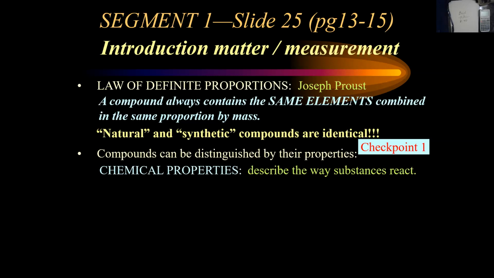Well, every pure substance has its own set of chemical and physical properties. Chemical properties are the way things react. For example, combustion is often listed as a chemical property: the compound will burn in air. Well, I don't think I'd want to do that if I had the only sample that exists in the world.